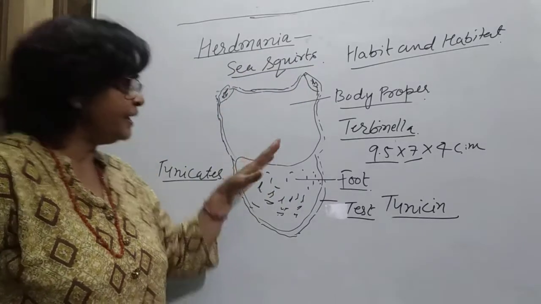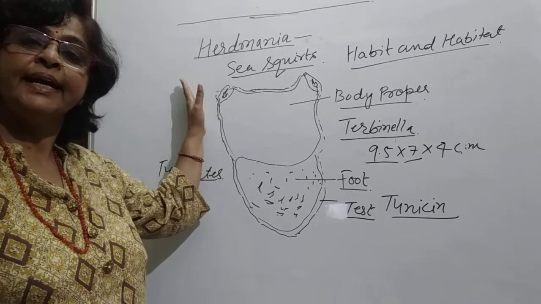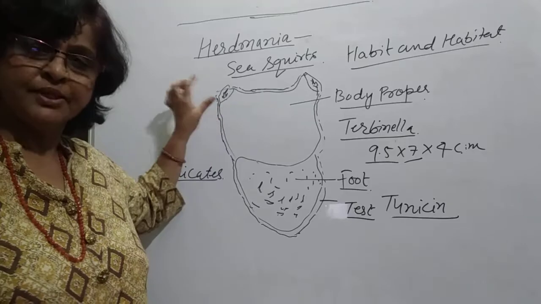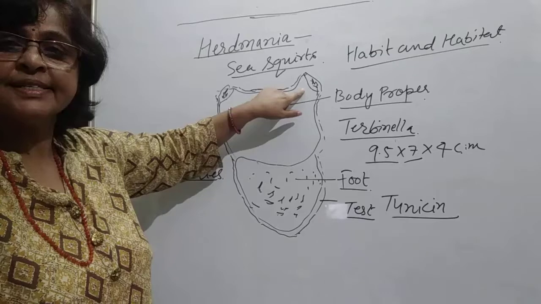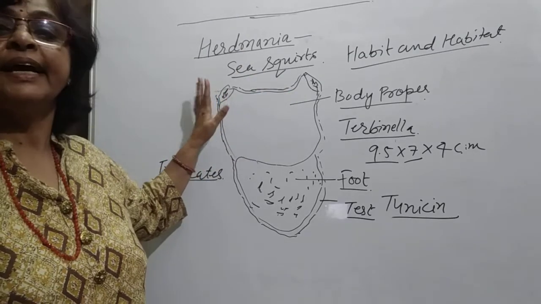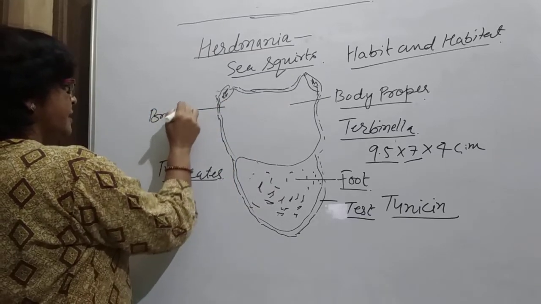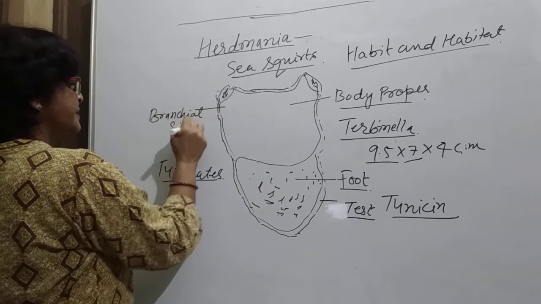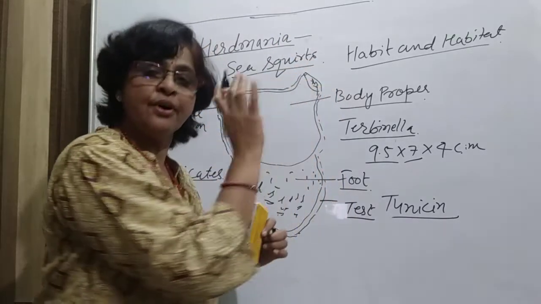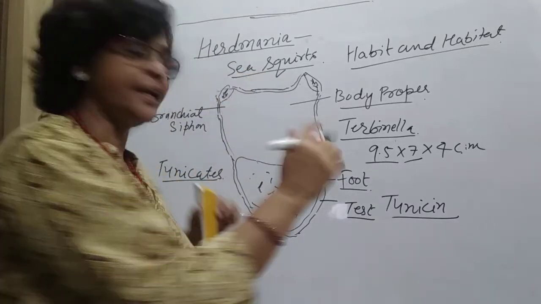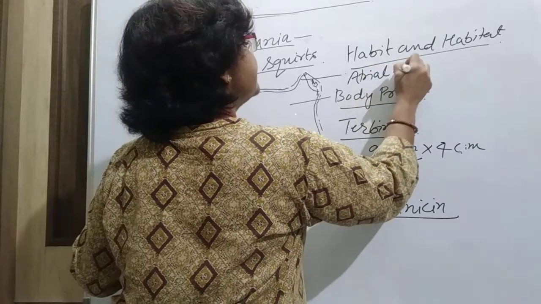Again, recalling the body proper, the distal end has two openings. You can see two cylindrical structures, one on the anterior side and one on the dorsal side. The anterior cylindrical structure is known as the branchial siphon, and the dorsal cylindrical outgrowth or projection is known as the atrial siphon.